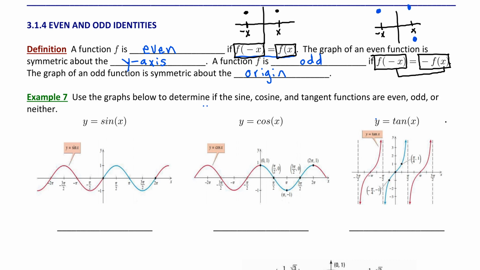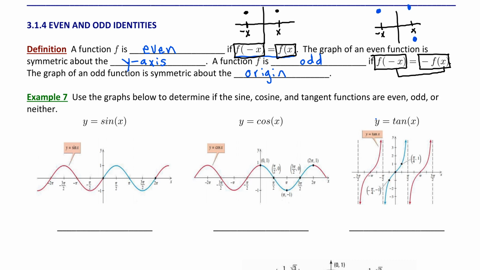With this graphic overview in mind, let's see if we can work example 7. It says, use the graphs below to determine if the sine, cosine, and tangent functions are even, odd, or neither. So looking at the graph of the sine wave, I want to determine if it's symmetric about the y-axis or the origin.